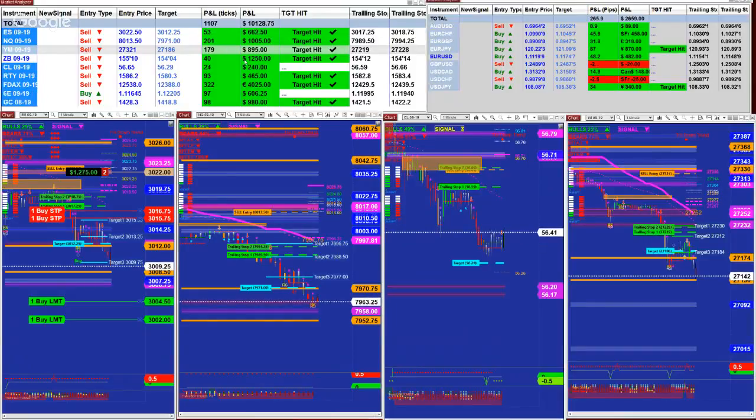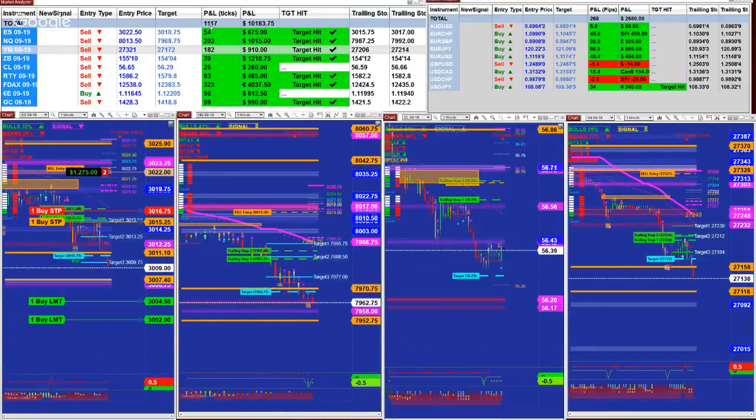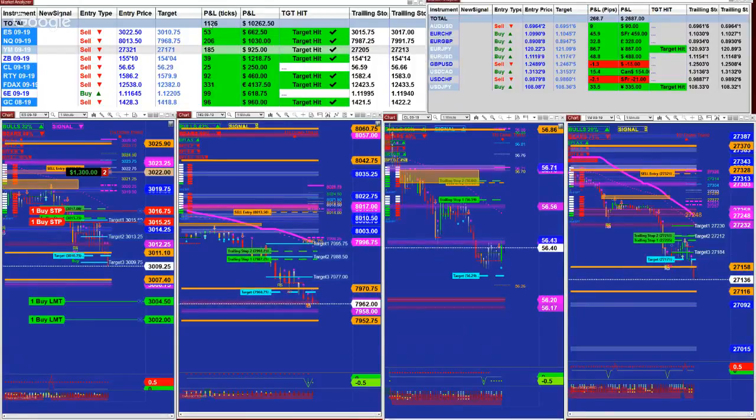You can see where the PNL is based on one contract, 1,100 ticks.